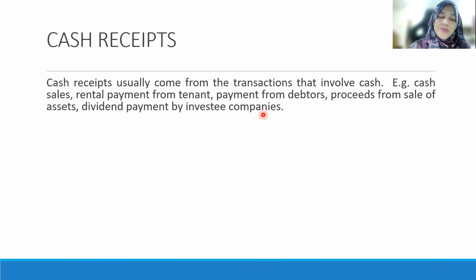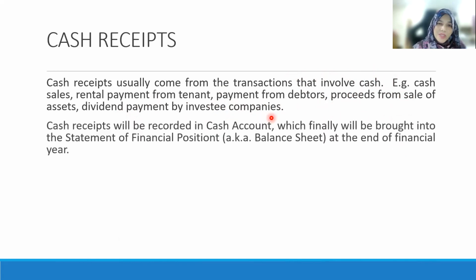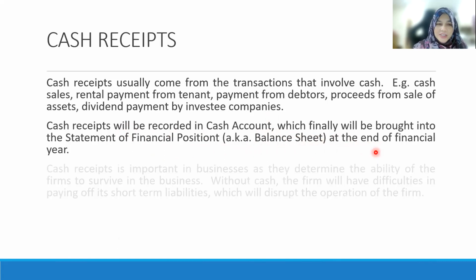If they receive cash, of course, when they do sales, they will receive cash. When they pay rental, for example, or they pay the creditors, all those are payments of cash. So all those have something to do with cash transactions. So cash receipts or cash paid will be recorded in the cash account, which finally will be brought into the statement of financial position, also known as the balance sheet, at the end of the financial year.